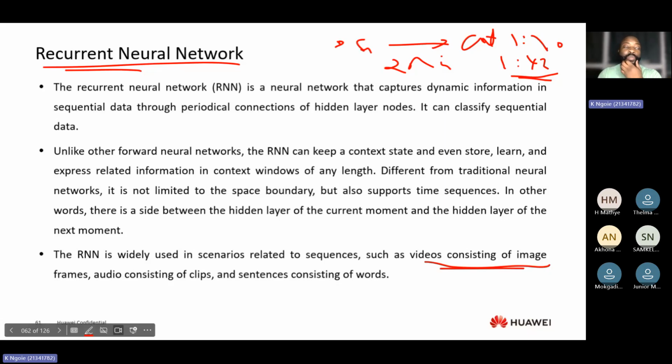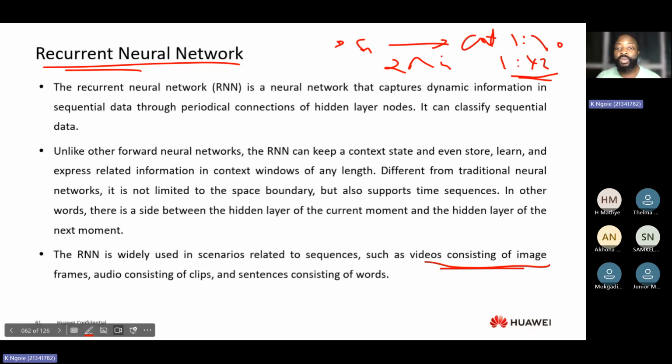So whenever we're dealing with sequential data, it has to do with us remembering what has happened. For us to really identify the information in the data, we need to see a certain time passing, a certain sequence of data.